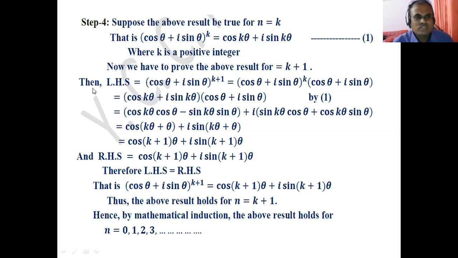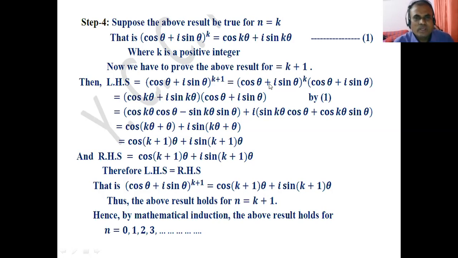Now consider the LHS of De Moivre's theorem: (cos theta plus i sin theta) raised to n. So the n value is k plus 1. Now we simplify this by using the index rule: (cos theta plus i sin theta) raised to k, into (cos theta plus i sin theta) in another bracket.